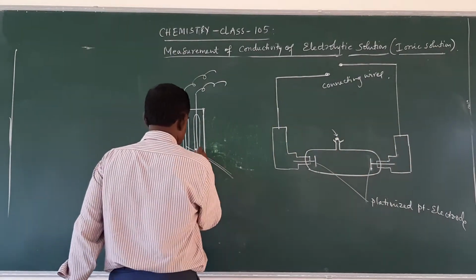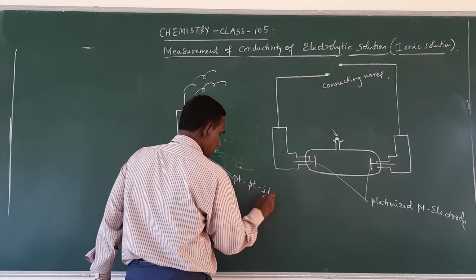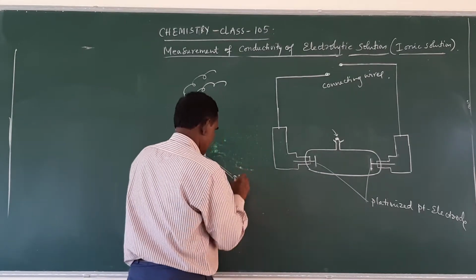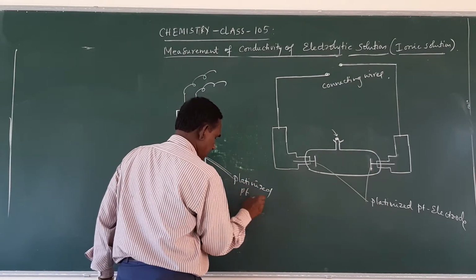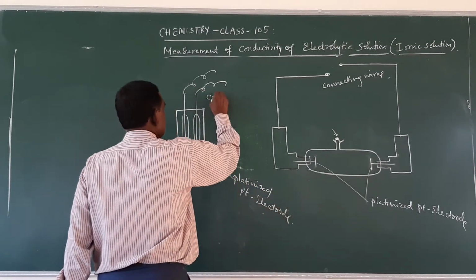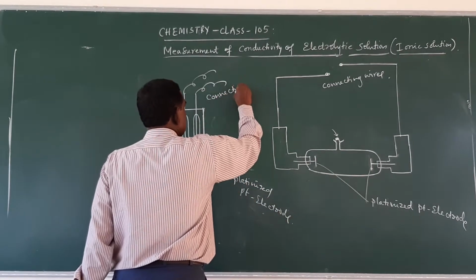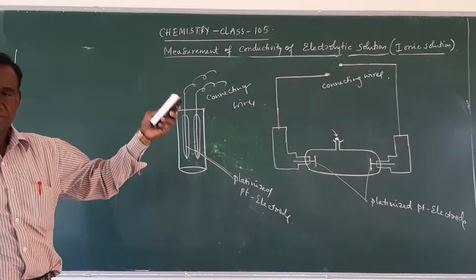That is the platinum electrodes. And these are the connecting wires. One is plus, one is minus.